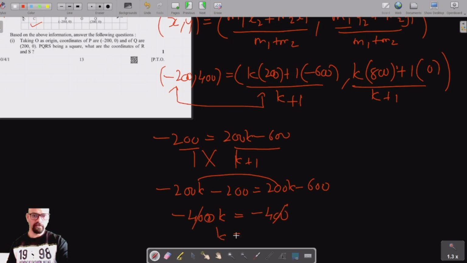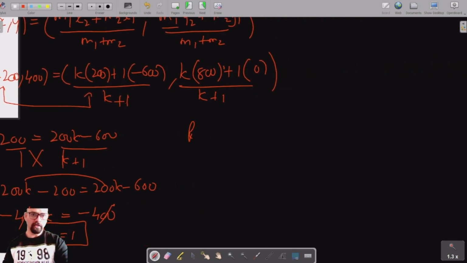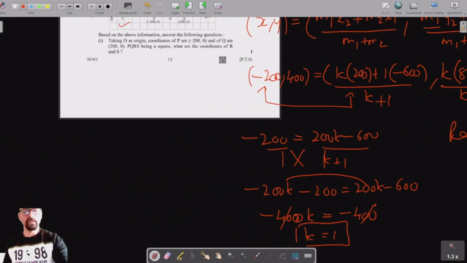This gets cancelled. k is equal to 1. So that means S is the midpoint, and the required ratio is 1 is to 1. So this solves our question number 37, and let's move on to question number 38.